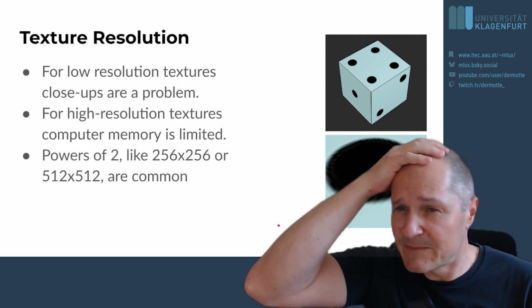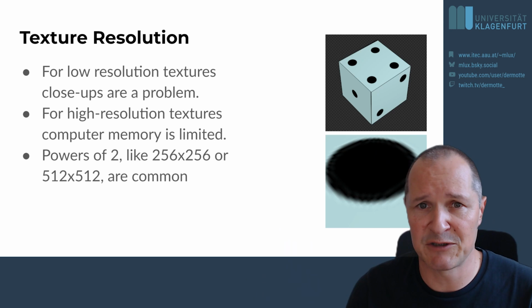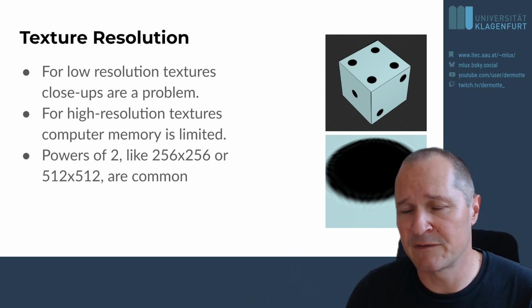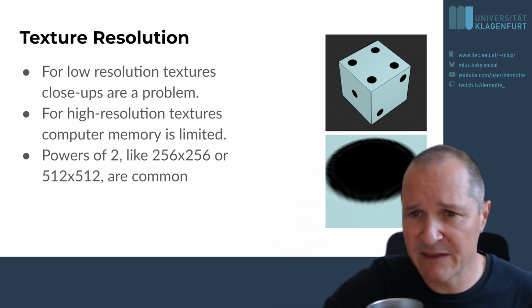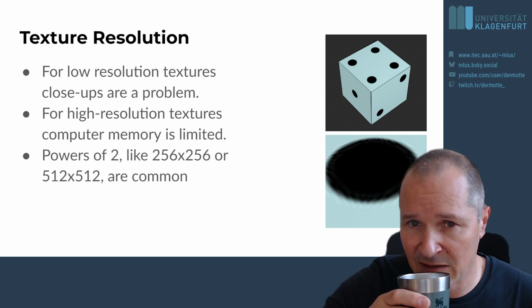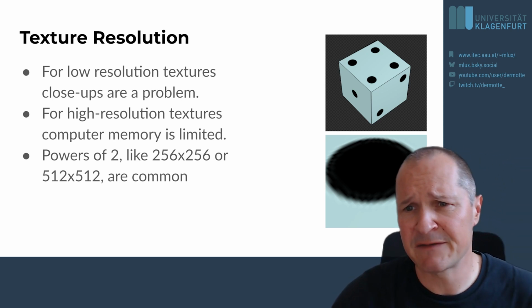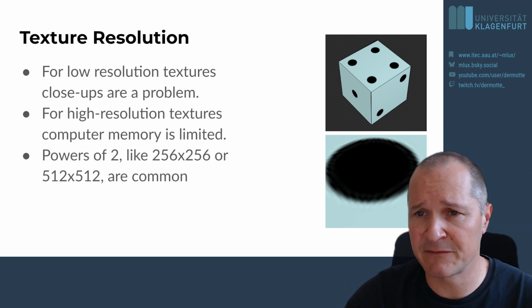The downside with image textures is that the lower the resolution of a texture is, the more limited the view quality is. If we zoom in, we can see that it's not a perfect circle, but it has some artifacts from the underlying pixels. In this case, it's based on the texture filtering. I don't know what your computer science background is, but you can have nearest neighbor filtering, which would result in blockiness.